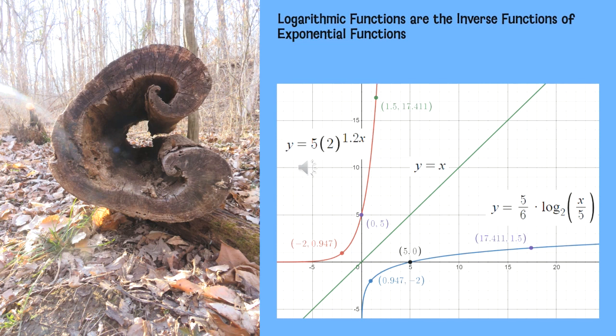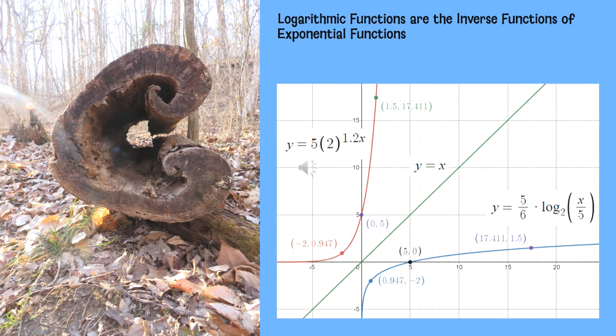Logarithmic functions is the name given to the inverses of exponential functions. Here we have the exponential function, leading coefficient 5, multiplying a base of 2 raised to the exponent of 1.2x. The base of that exponential function is 2. Its inverse function will be expressed as log base 2.